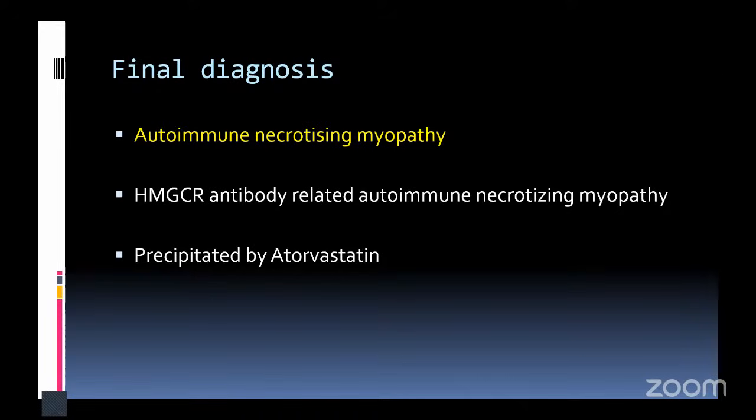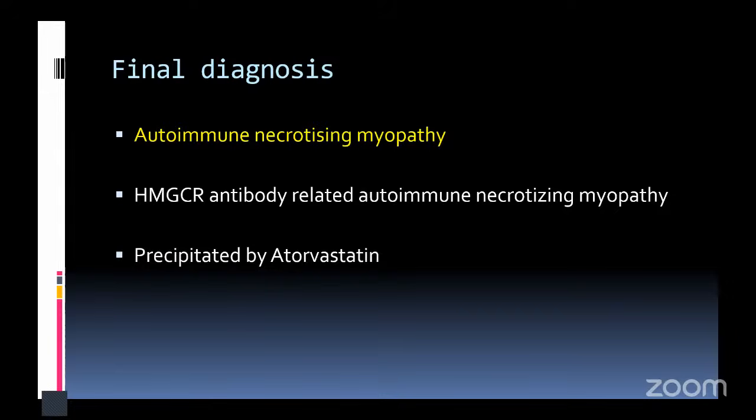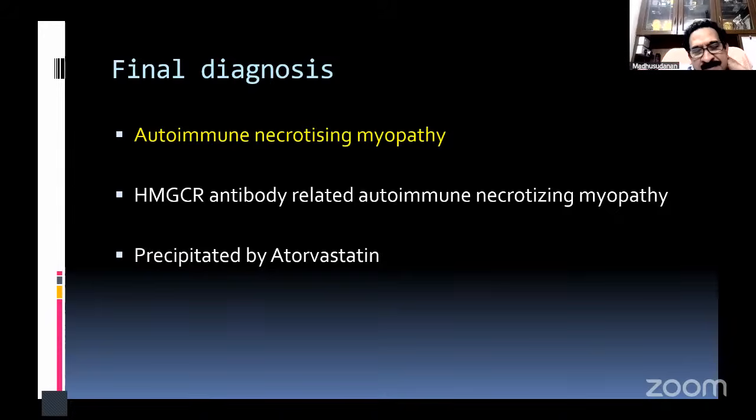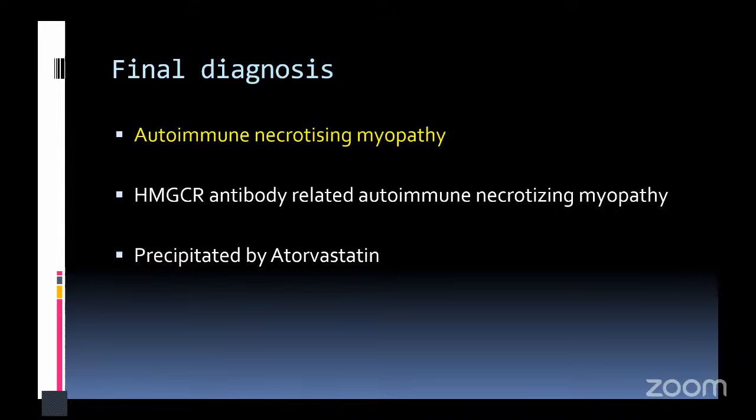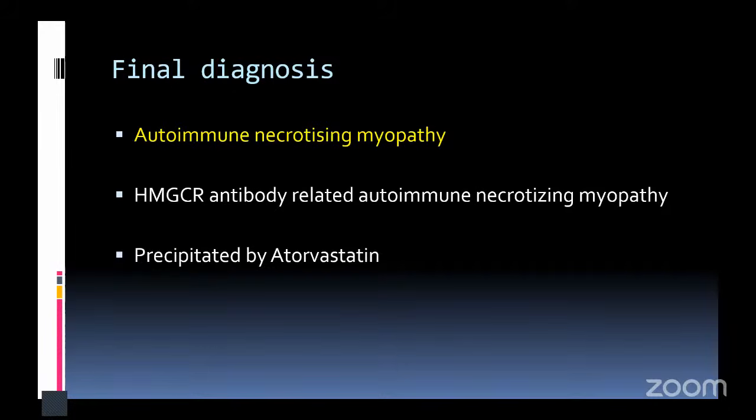Sir, there is a commercial lab, our lab in Mumbai, which does the myositis specific panel. They include two more: one for HMG and one for another antibody. SRP is there in all panels, but this includes two more.